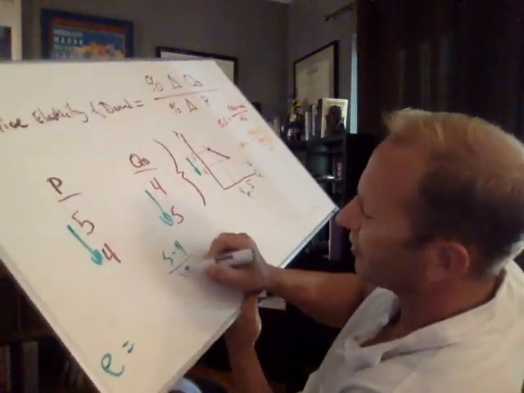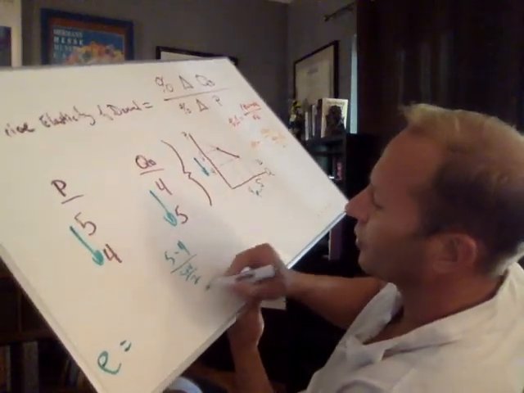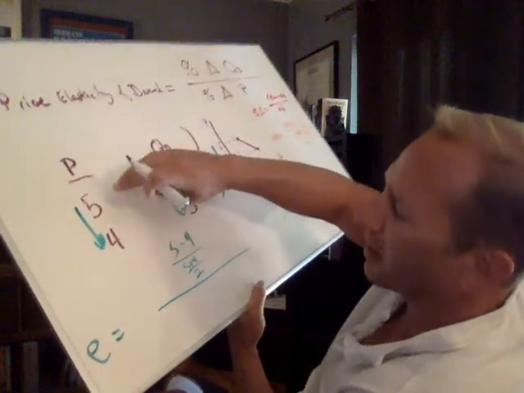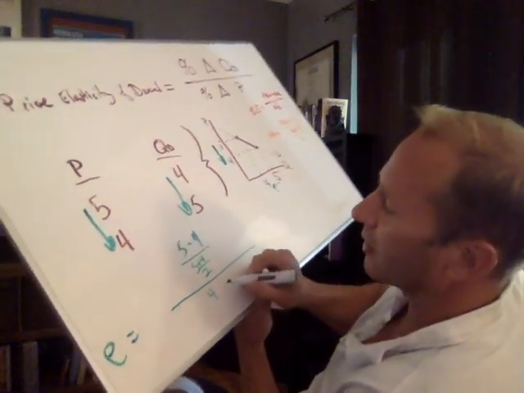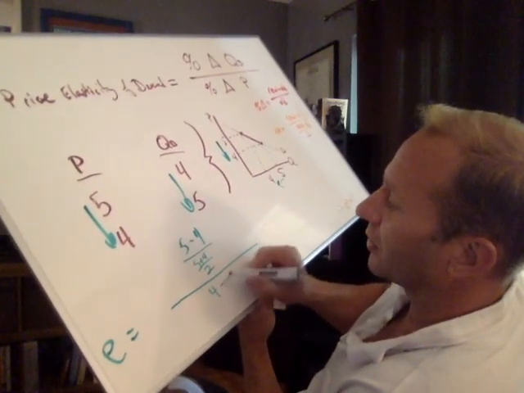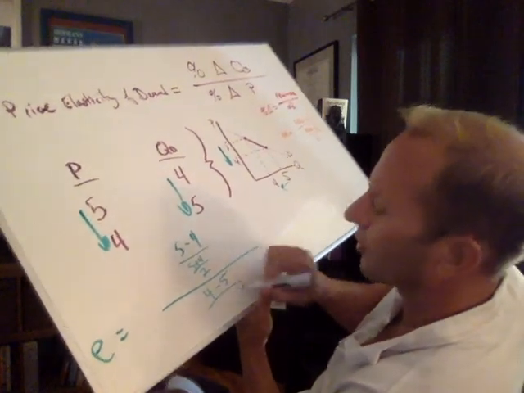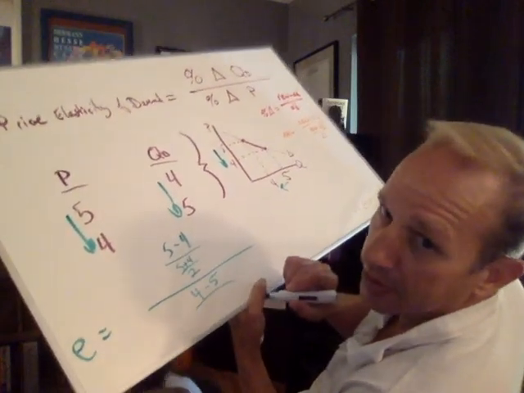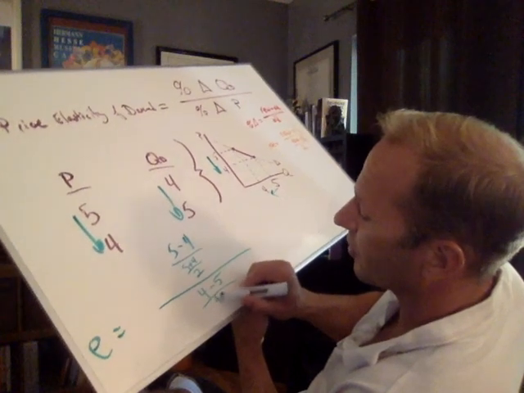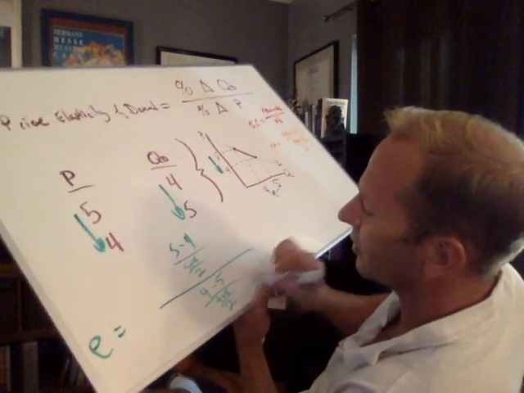Let's write it out. 5 plus 4 over 2, over my new price is 4. My old was 5, over the middle of 4 and 5. I know, we all know what it is, but that's 4 plus 5 over 2.